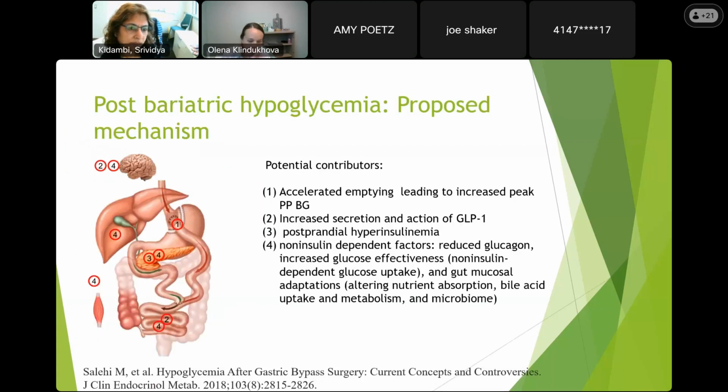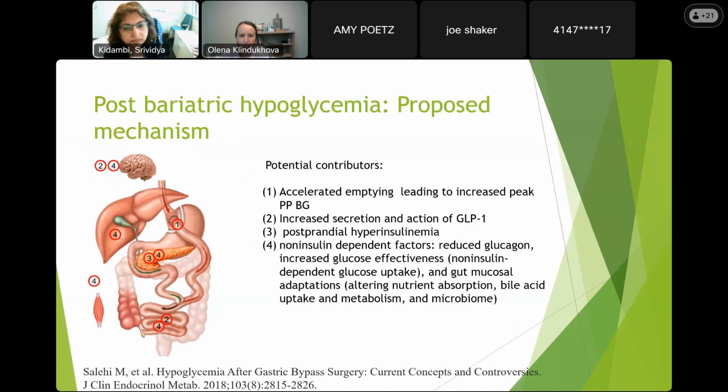All right, very good. So we're going to move on and talk about post-bariatric hypoglycemia. That's the one that's a little bit better studied, better represented and better written. The typical proposed mechanism is the increased action of GLP-1 that leads to postprandial hyperinsulinemia.